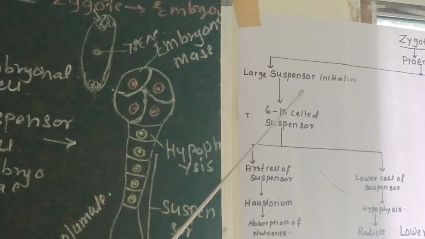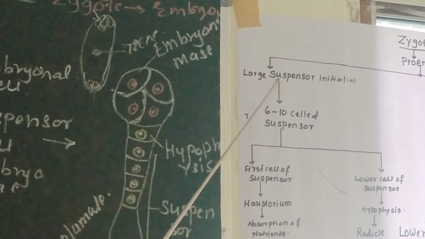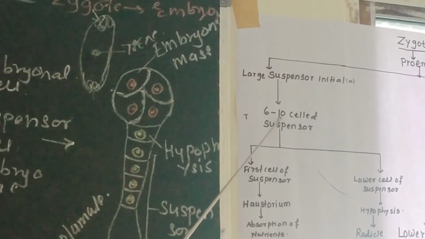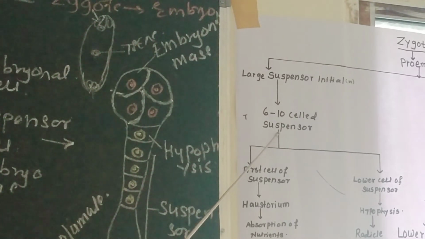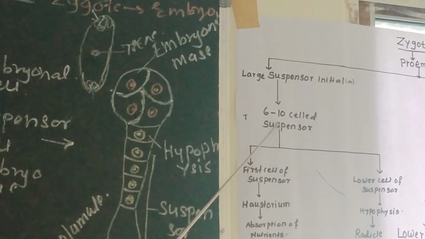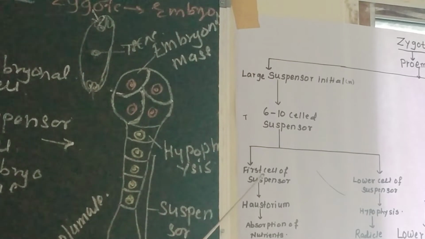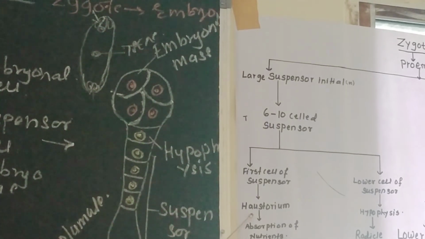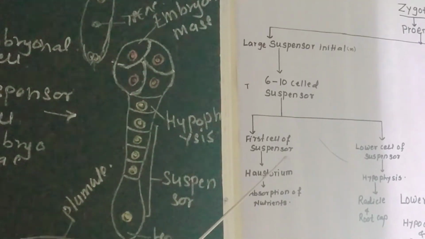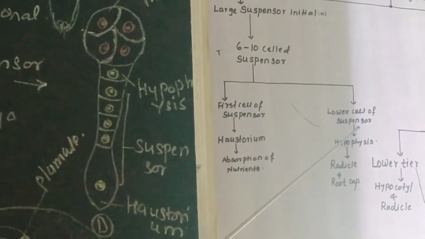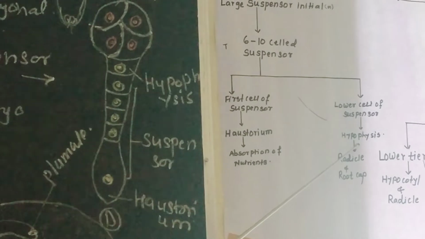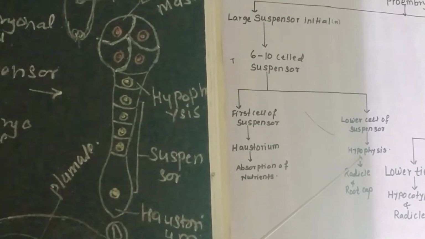The large suspensor initial forms a 6 to 10 celled, long and elongated suspensor. The first cell of the suspensor is known as the haustorium, and the lower or last cell of the suspensor is called the hypophysis.